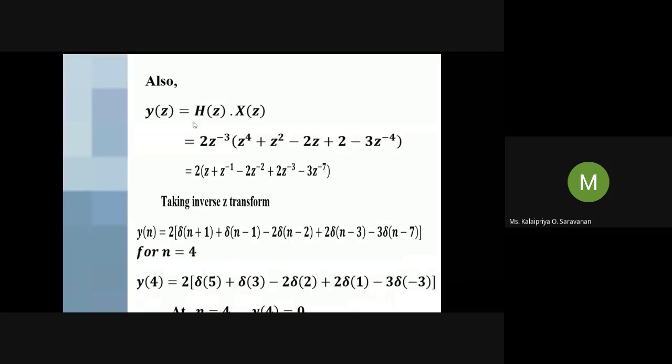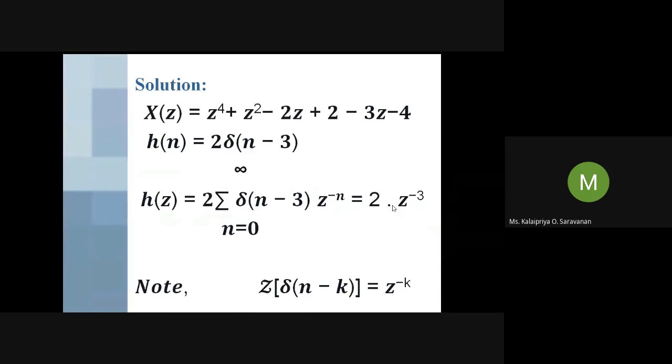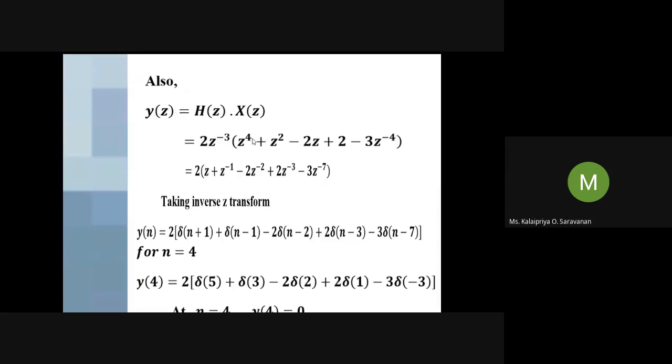What is y of z? h of z into x of z. h of z we have just obtained from the previous slide as 2 into z power minus 3, multiplied by the entire x of z. Substituting it inside, you get 2 multiplied by z power minus 3 times z power 4, which will give you z.